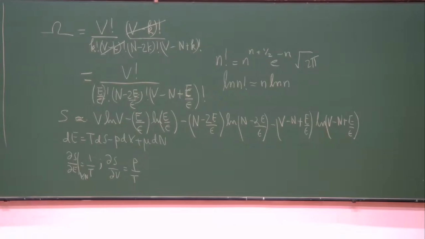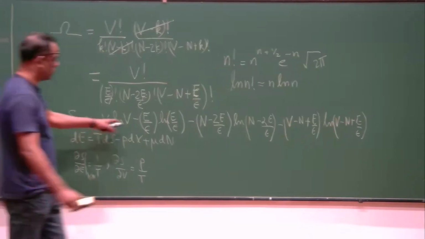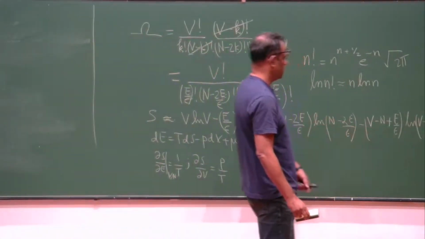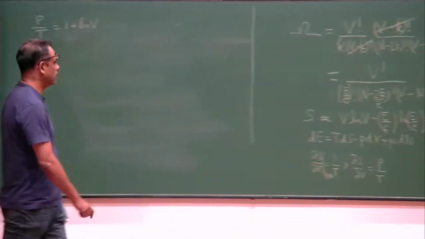So it is worth doing. Is everyone following this calculation? Okay. So I'm going to differentiate P by T first. I have to differentiate this with respect to volume. The first term gives you 1 plus log V. Then the first term gives you minus 1.